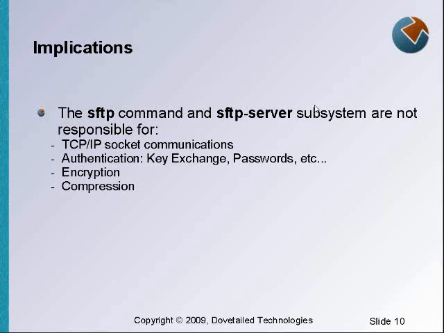So it's kind of nice. The SFTP subsystem and SFTP client commands just have to worry about doing file copies in a sense, sending commands to one another to have this sort of client-server relationship to be able to send files and data sets and stuff back and forth.